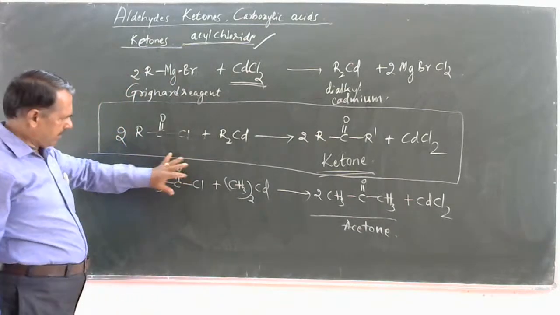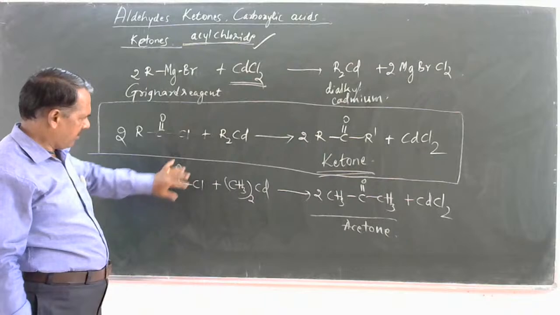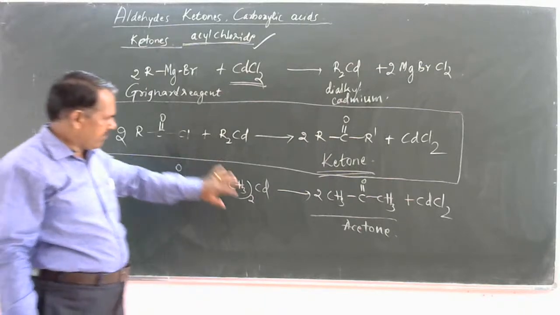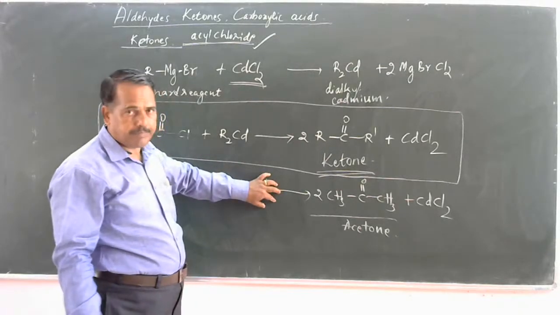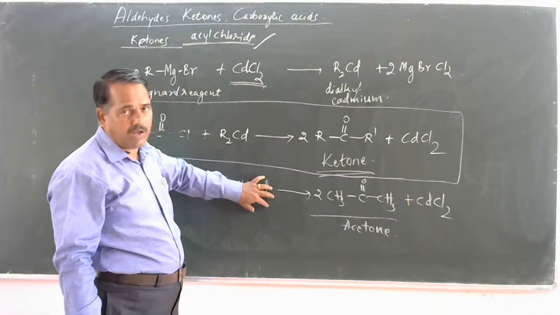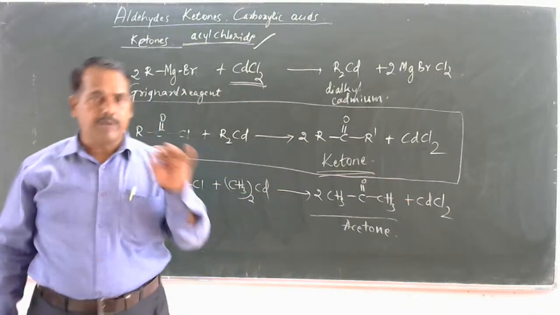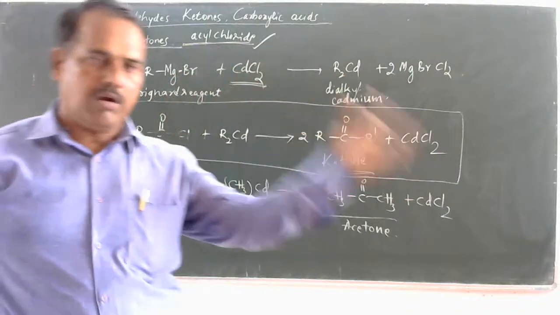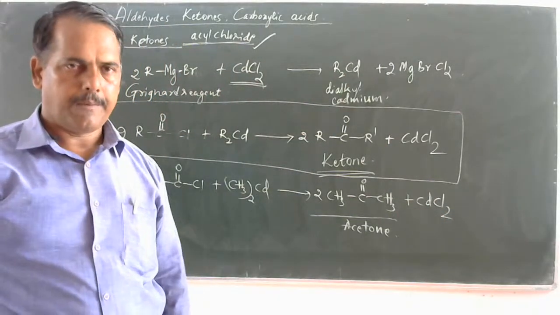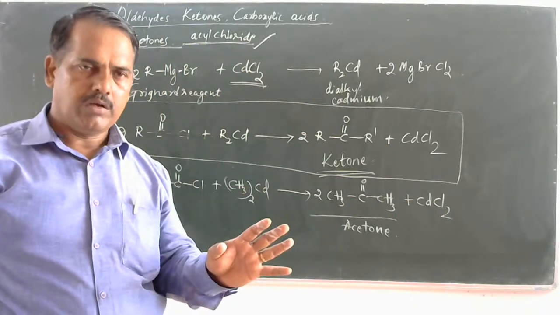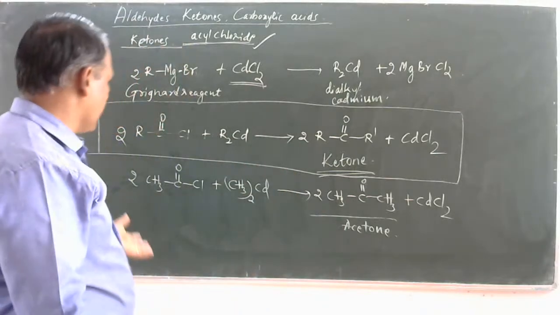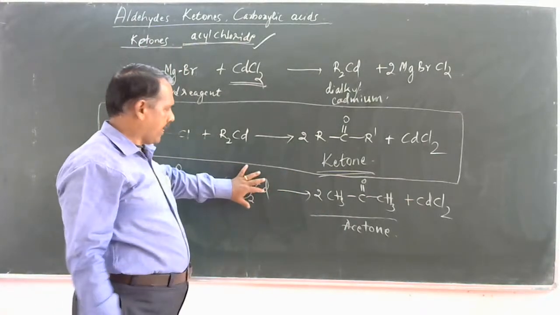So this is acetyl chloride, CH3COCl. When it is treated with the dialkyl cadmium, how are dialkyl cadmiums obtained? When cadmium chloride is treated with Grignard reagent, we will get dialkyl cadmium.